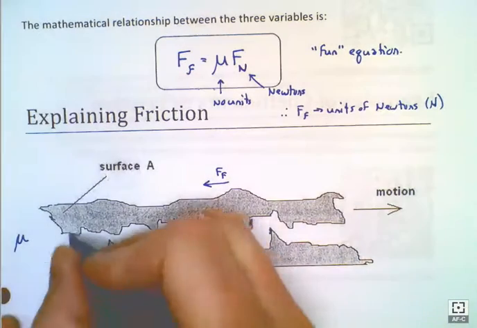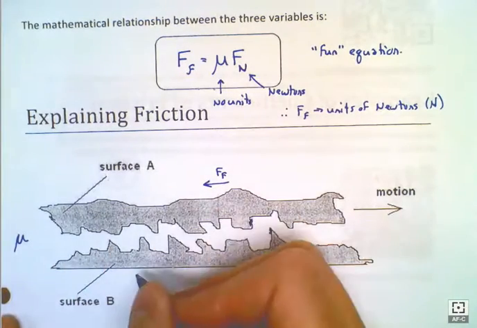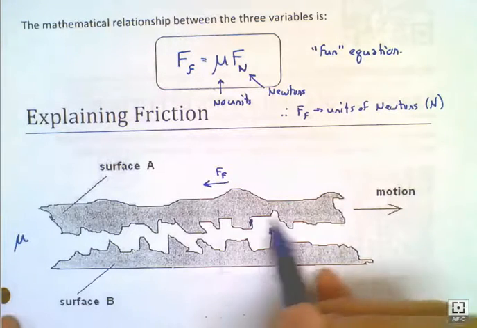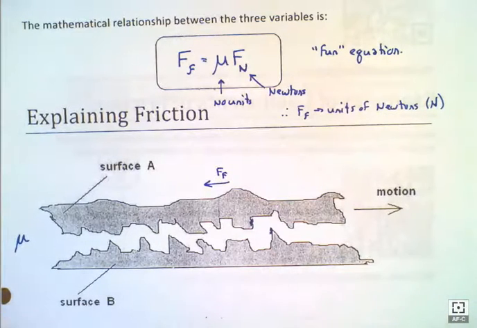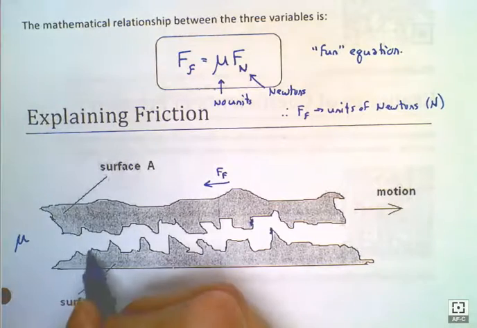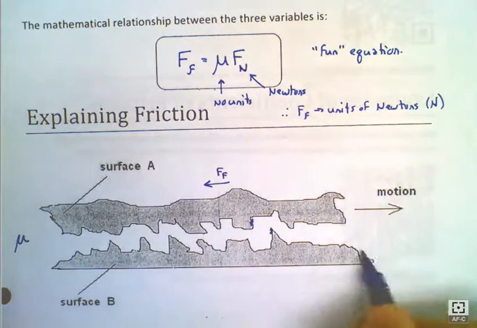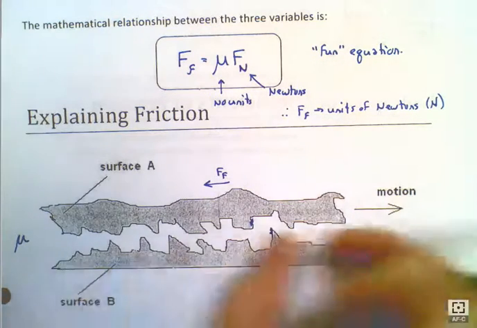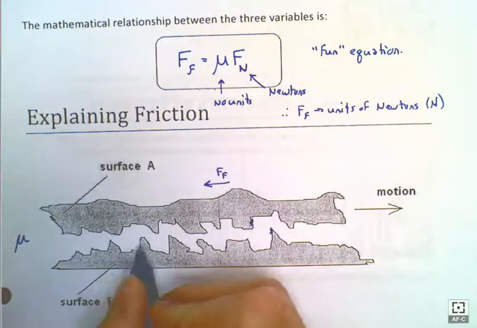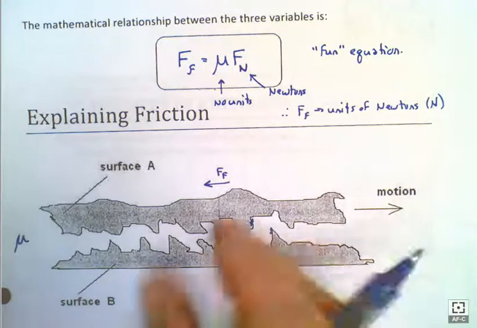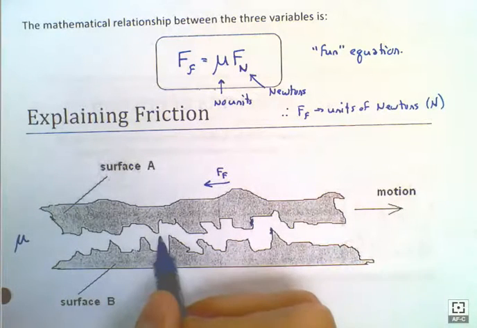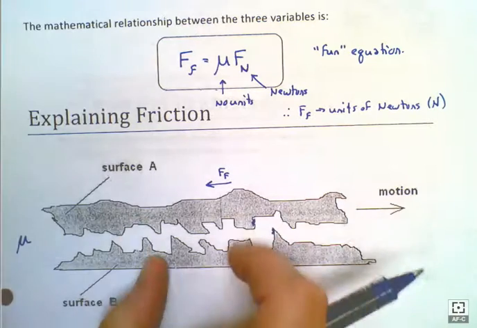The more grippy two surfaces are, it means there are more microscopic bumps and grooves, and they're deeper and bigger. The smoother a surface gets, the smaller the profile of this would become. It'd look more smooth, there'd be bigger gaps in between, and the profiles wouldn't be as deep. Whereas here, when you have quite a bit of friction, the profiles are quite deep, so they can kind of nestle into each other.